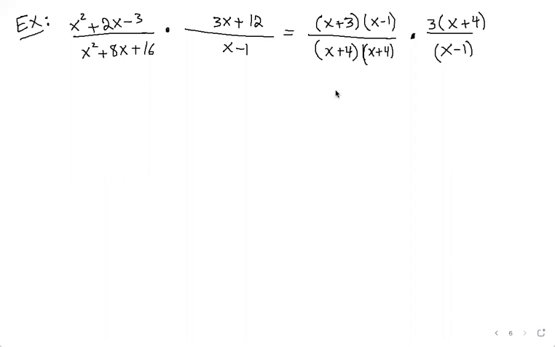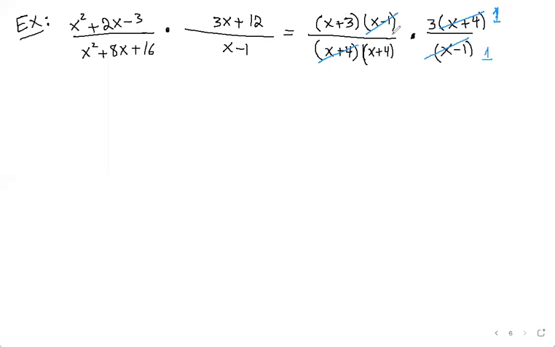Now, how can we simplify? Which one can I cancel with the other? Here. x minus 1 and x plus 4. This one with this one, x plus 4 with x plus 4, right? Here the remaining is 1.